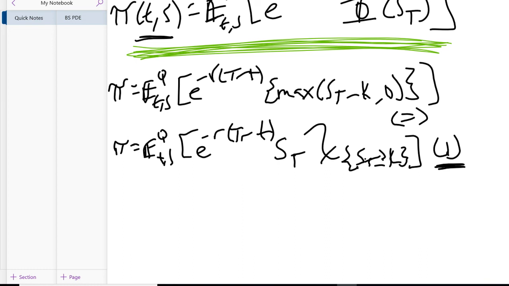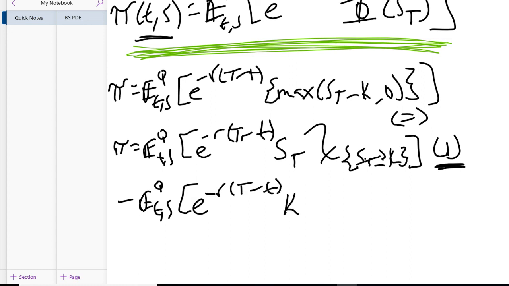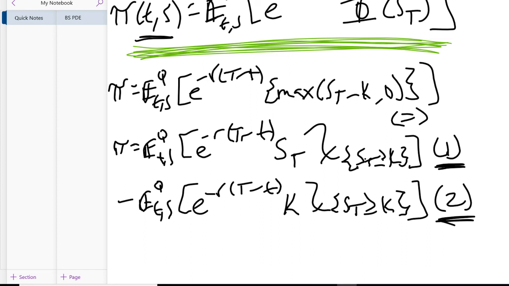And then obviously we have to think about the next part, which is then minus the same idea, but then obviously negative r t minus t k, and then the same idea, indicator function such that st, the terminal underlying, is greater than the strike price.